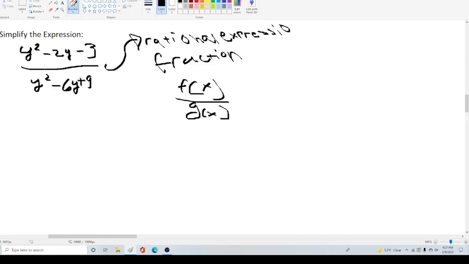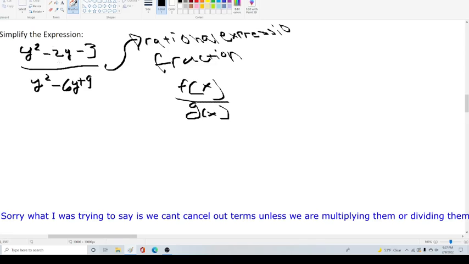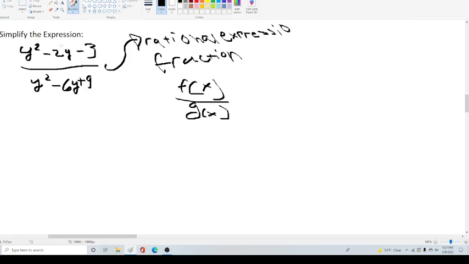But what we can do is we can factor. So the idea to actually simplify this down is to factor and cancel any terms.